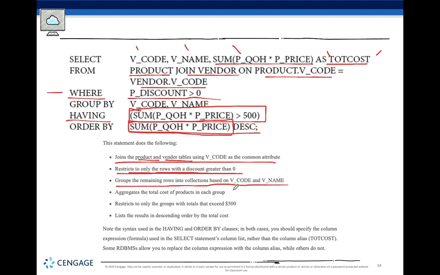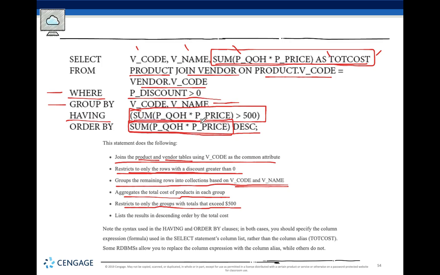We are grouping by the vendor, right? So the vendor code and the vendor name. We are aggregating the total cost of products in each group, right? So this here is the total cost of products. We are aggregating by vendor. And we are restricting to only those rows where the total exceeds 500.